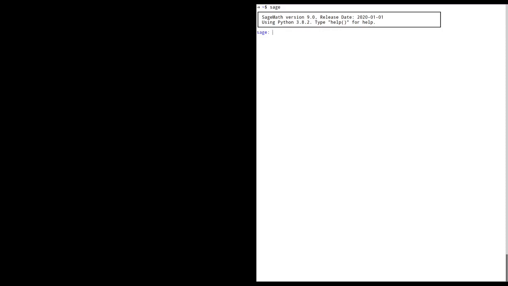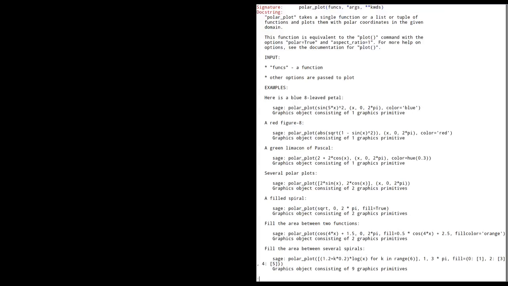There happens to be a polar plot routine in Sage. I do remember that there is such a routine, but I do not remember how to use it. So I'll type polar plot with a question mark, press enter, and Sage will tell me how to use this routine.